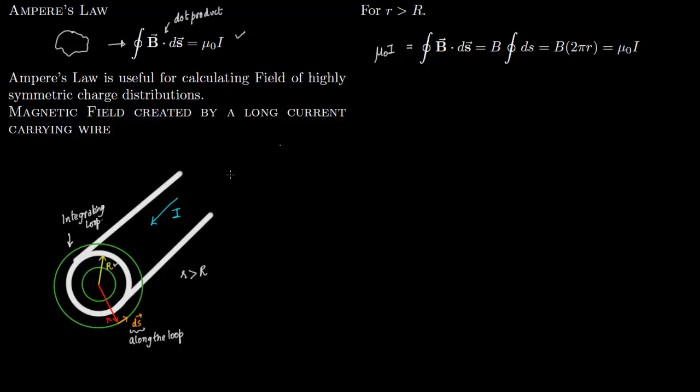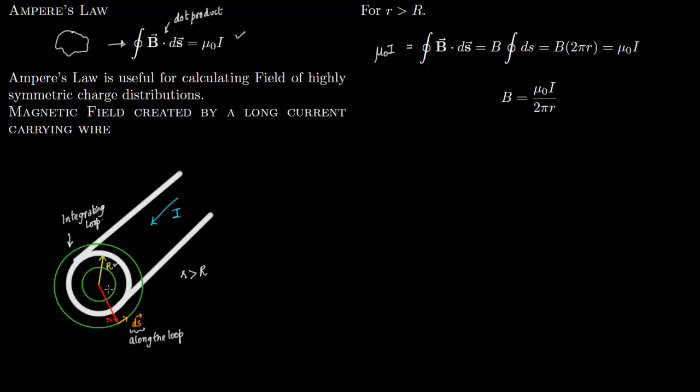Now the magnetic field is constant along the loop, so B comes out and you integrate over ds. The integral of ds is the entire green circle, the integrating loop. The radius of the circle is small r, so the circumference, or the length of the entire loop, is 2 pi r. This is equal to mu naught I. Now you just rearrange it, and you get B as mu naught I over 2 pi r.